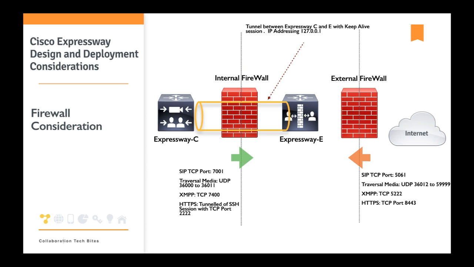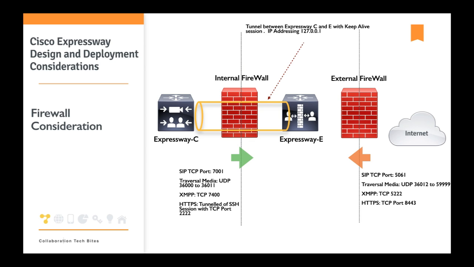So SIP TCP port 7001 between Expressway C and Expressway E. Traversal media needs to be from port 36000 to 36011 UDP, of course; this is the media that you will traverse. Now, this is only 12 ports, but actually Expressway C multiplexes and demultiplexes the media through those only 12 ports.